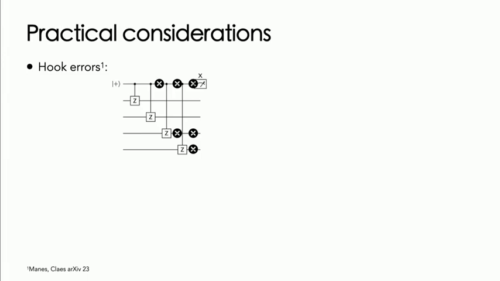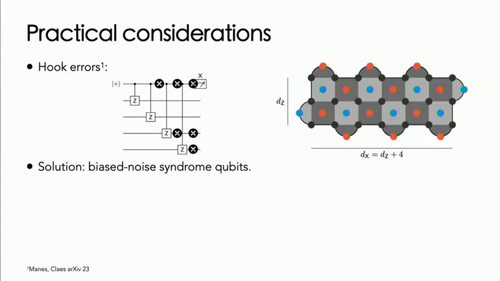And this reduces the performance of your code because one error in your ancilla qubit can multiply and spread to multiple data qubits. So the way that we had proposed tackling this is by using an asymmetric LDPC code.